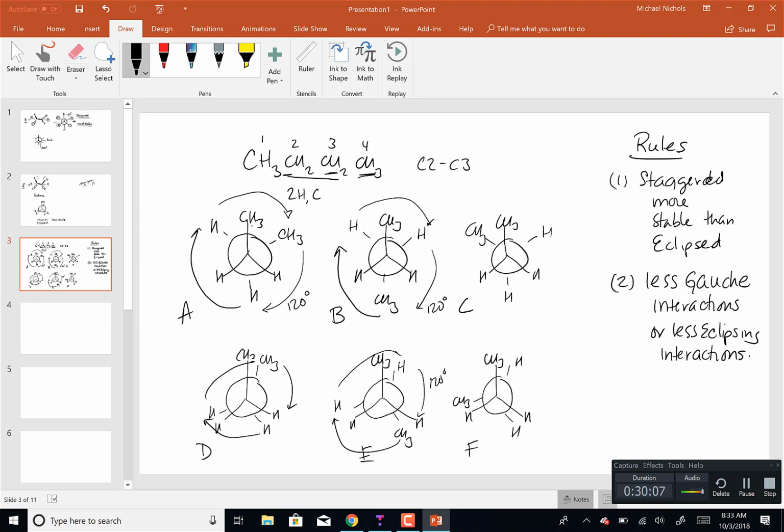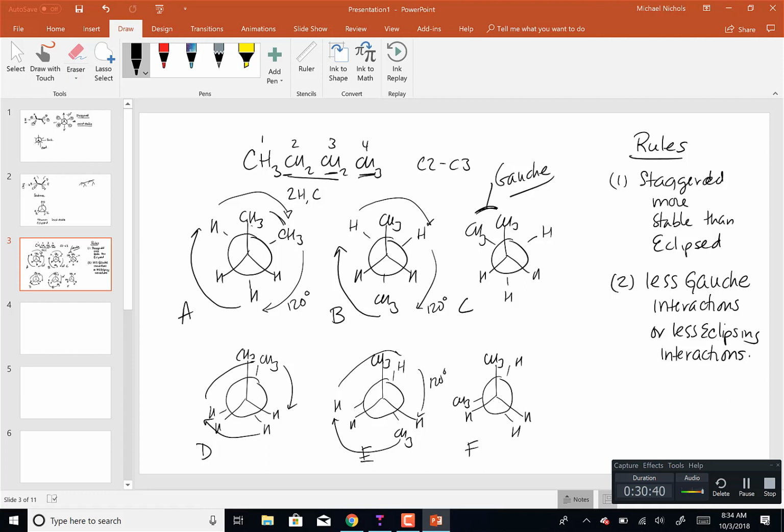Gauche is when two non-hydrogen groups are next to each other in a staggered conformation. So I'll come over here. These two methyl groups, they are gauche to each other. So gauche means the two groups are next to each other in the staggered conformation, and that's as close as they're going to get in the staggered conformation.